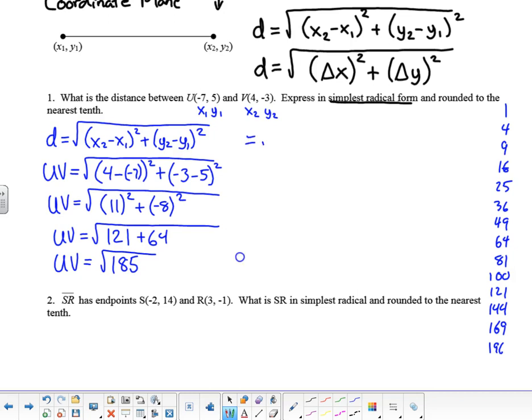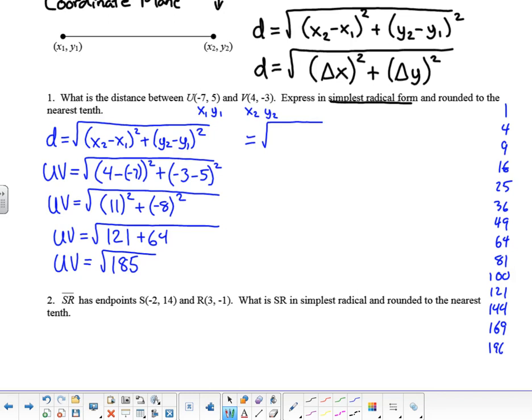Okay, 185, let's see. Is there a perfect square that will go into 185? Probably nothing before 100, maybe 49. I'm just putting these in my calculator. 185 divided by 49, no. 185 divided by 36, no. 185 divided by 25, nope.